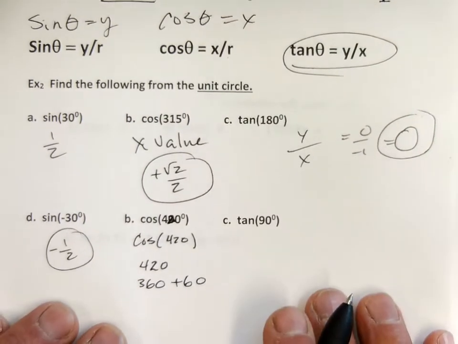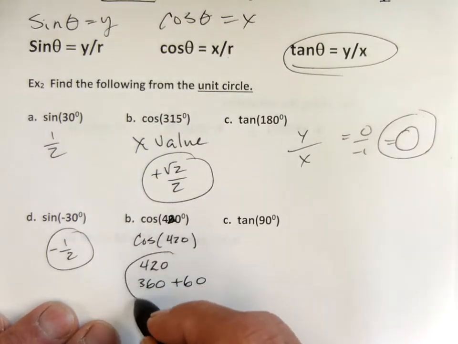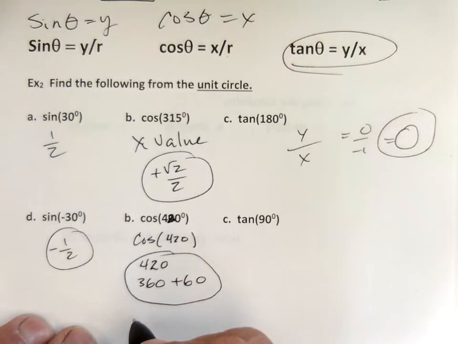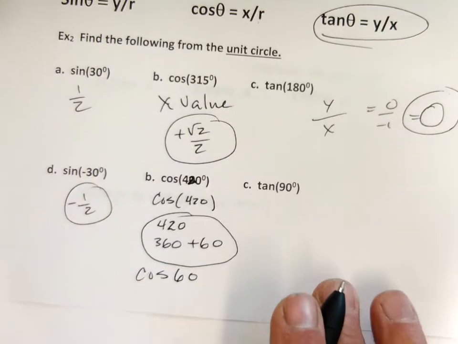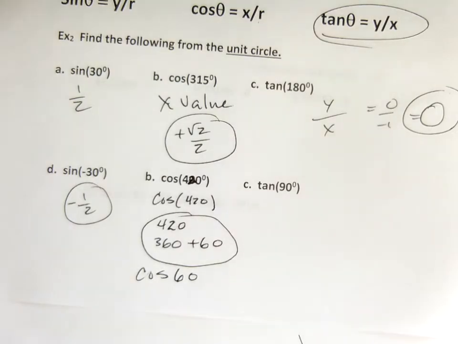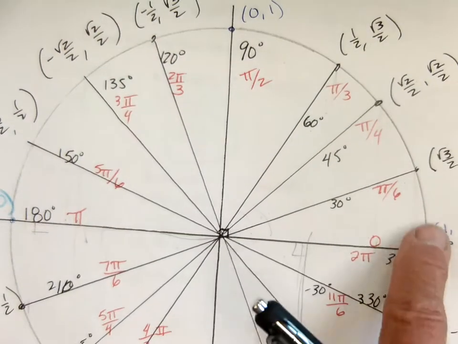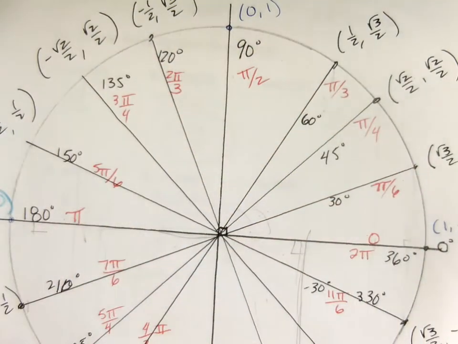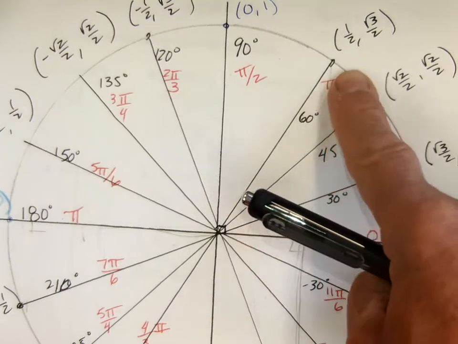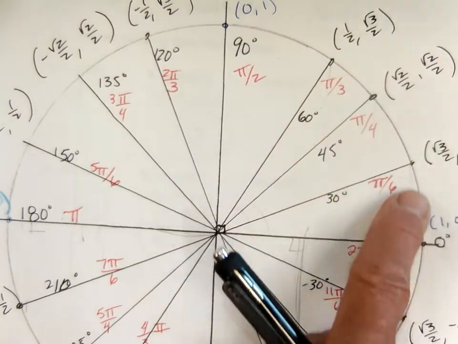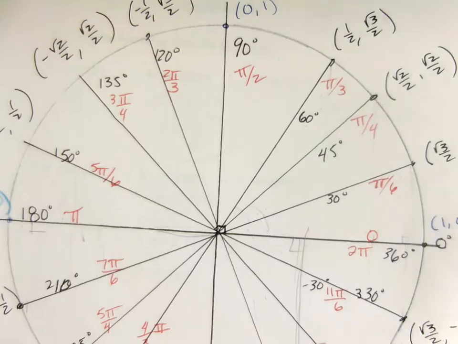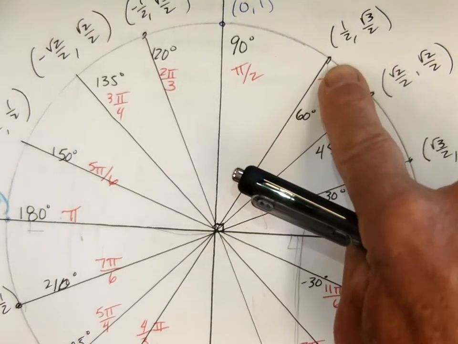Okay, so 420 is the same thing as 360 plus 60. So what I really want to find is cosine of 60. Because 360 and 60 more is 420, okay? 420 degrees is here.